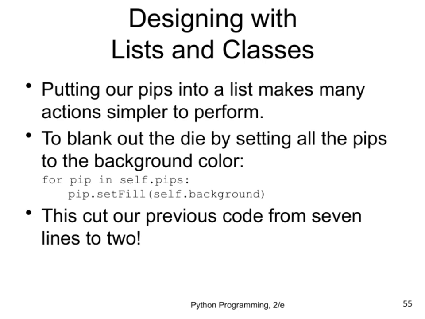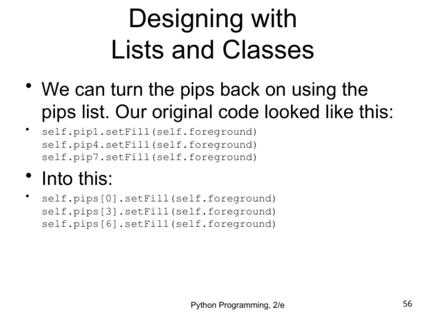This is a great example of how designing with lists and classes can make our code cleaner, more efficient, and easier to manage. It highlights the power of organizing related objects into lists, which allows us to perform batch operations effortlessly. This concept is at the core of writing effective, modular Python code, especially when working with graphical objects like in our dice project.